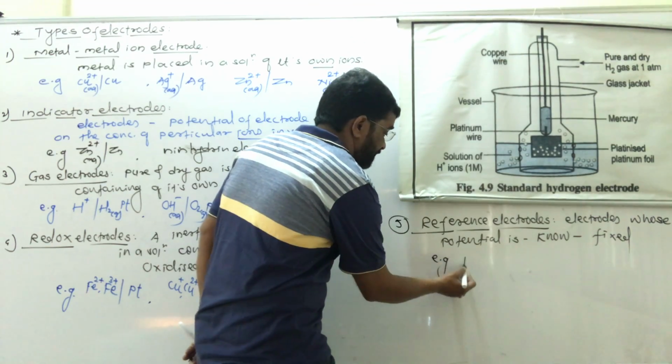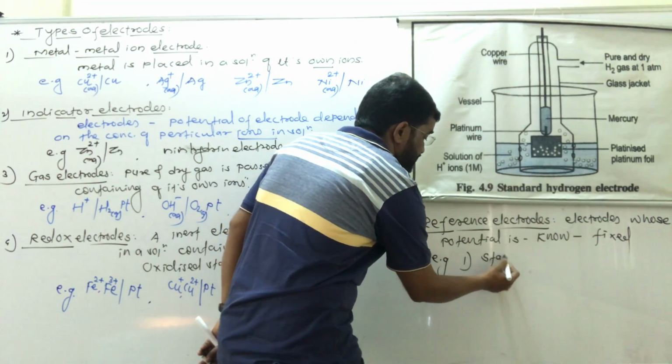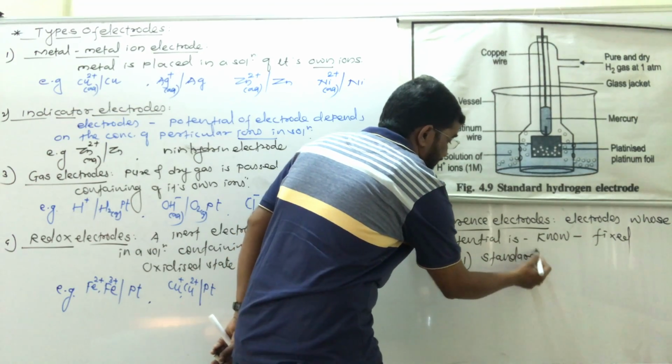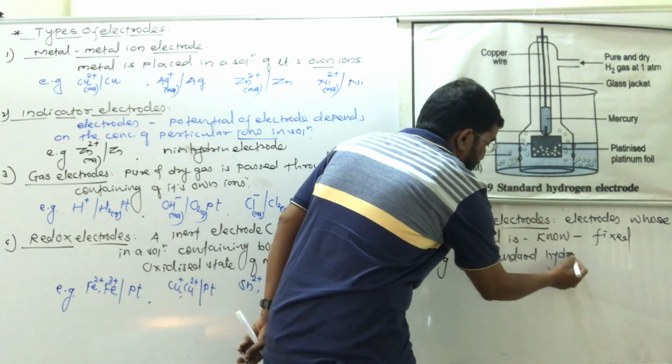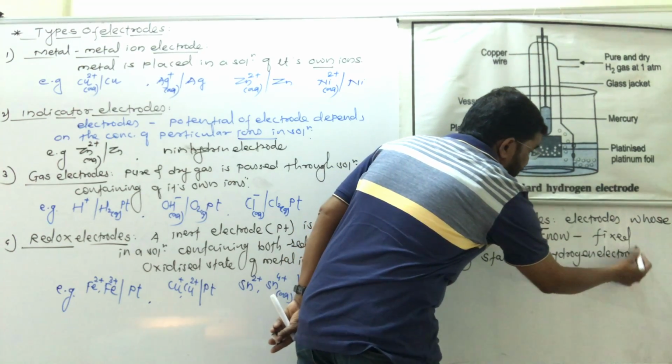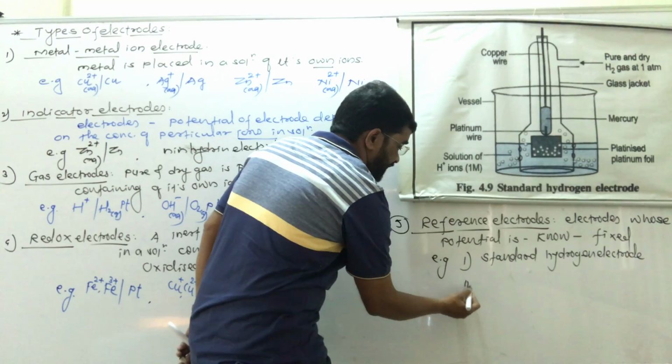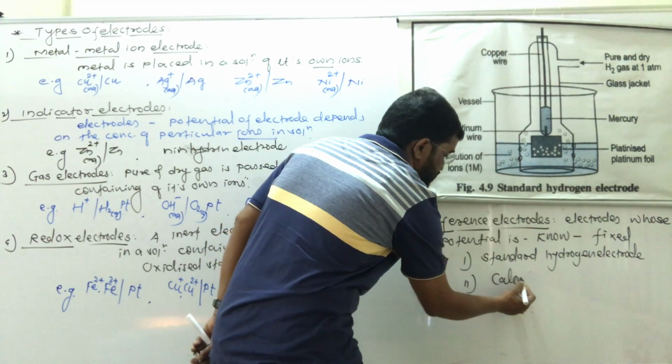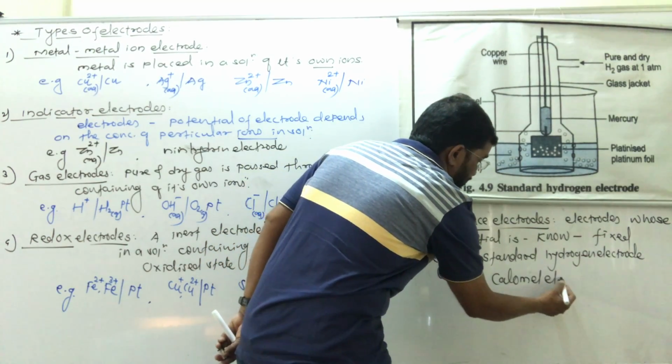For example, the standard hydrogen electrode is a reference electrode, and the second example is the calomel electrode.